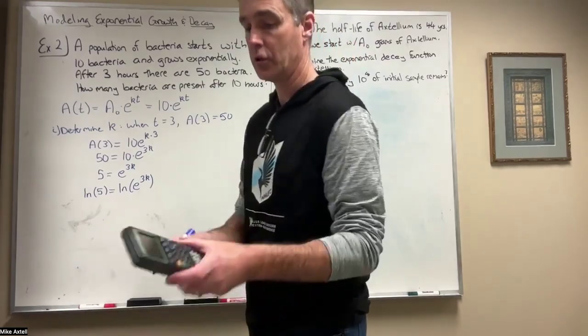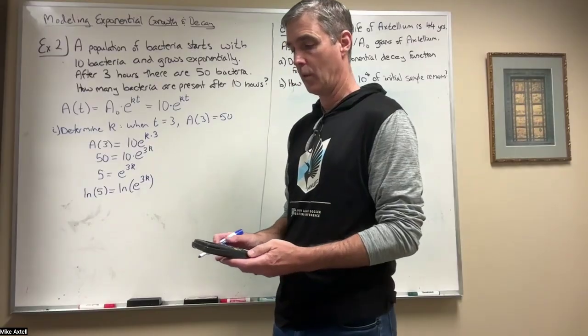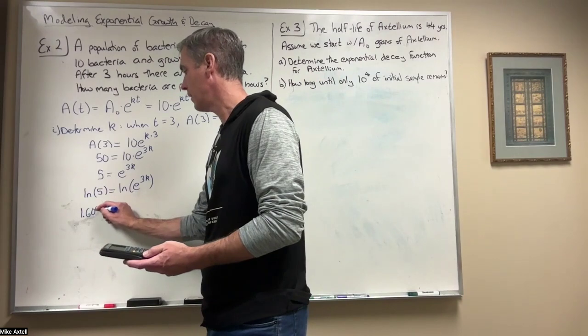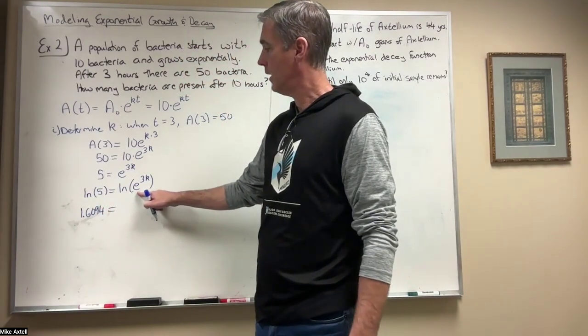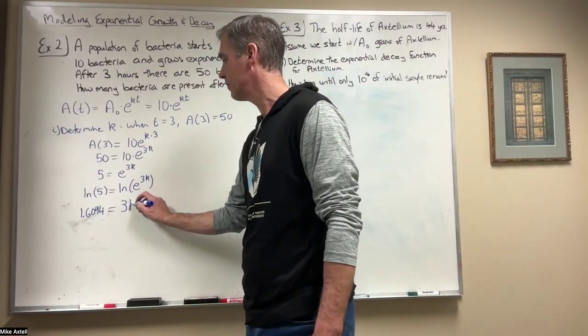Using my calculator, the natural log of 5 is 1.6094 to four decimal places. The natural log of e to the 3k, the ln dissolves the e and just the 3k survives.